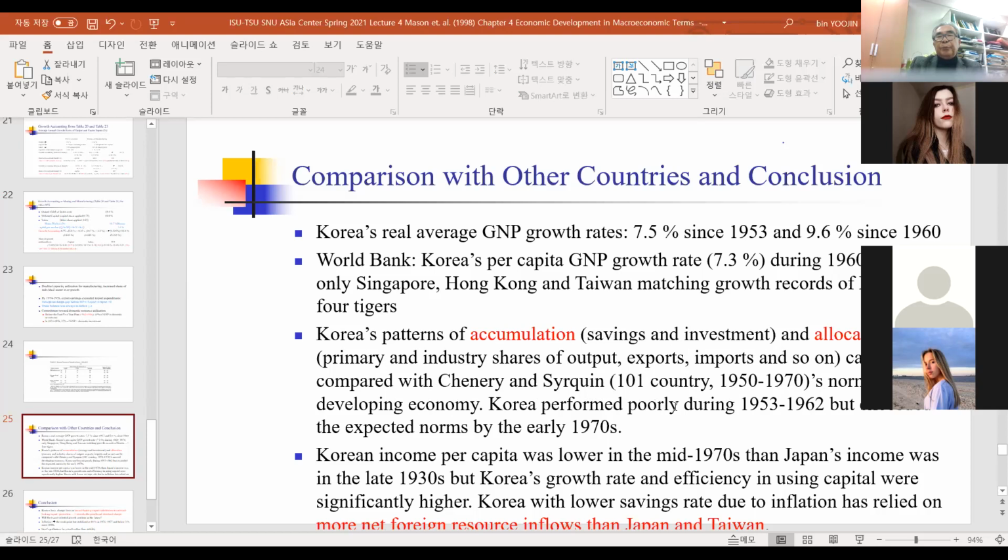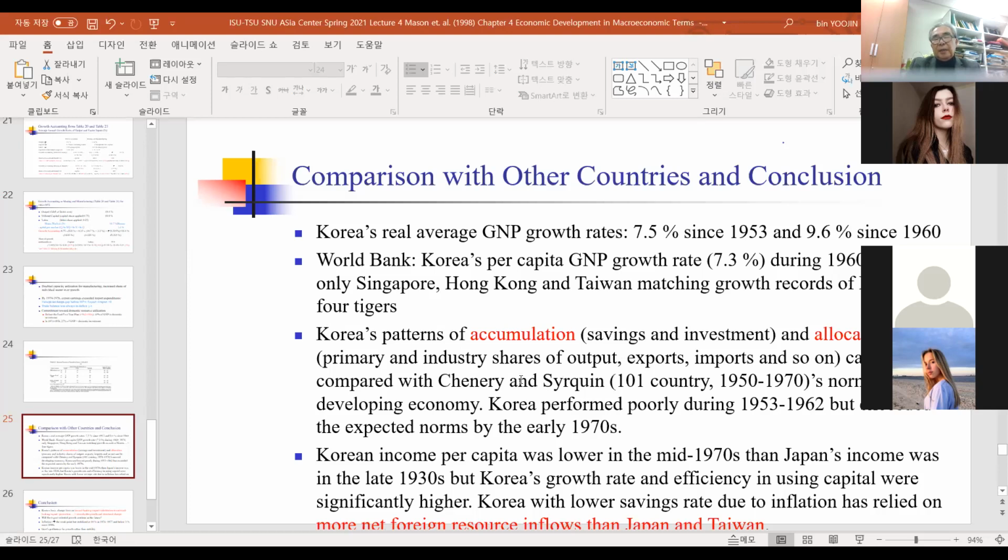Korea performed poorly during 1953-1960. I can give you the more detailed Chenery and Sirkin table, but your textbook has the detailed table.